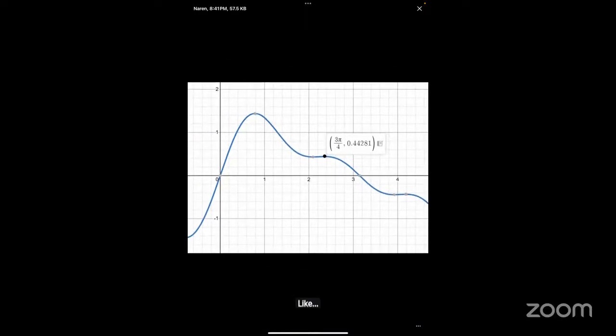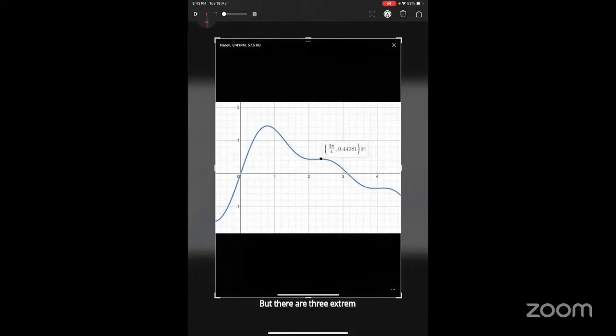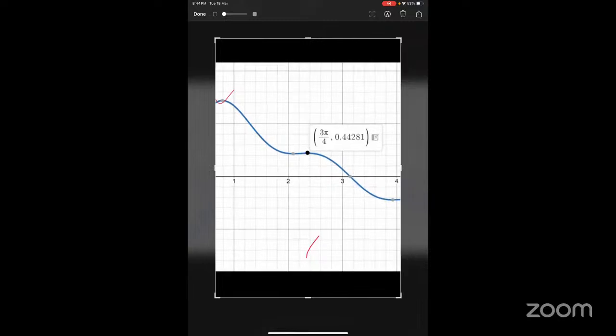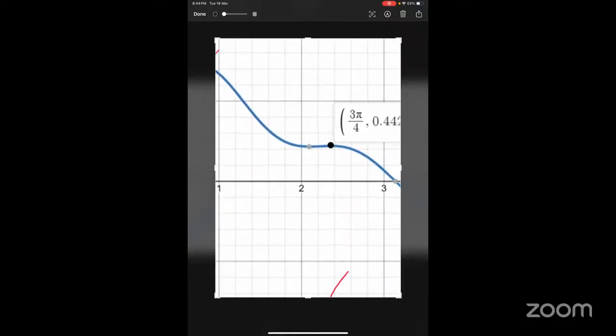These are really close, but there are 3 extrema. So in this portion, this is an extremum. This is looking like a local minimum, right? This is an extremum, and again here it increases.